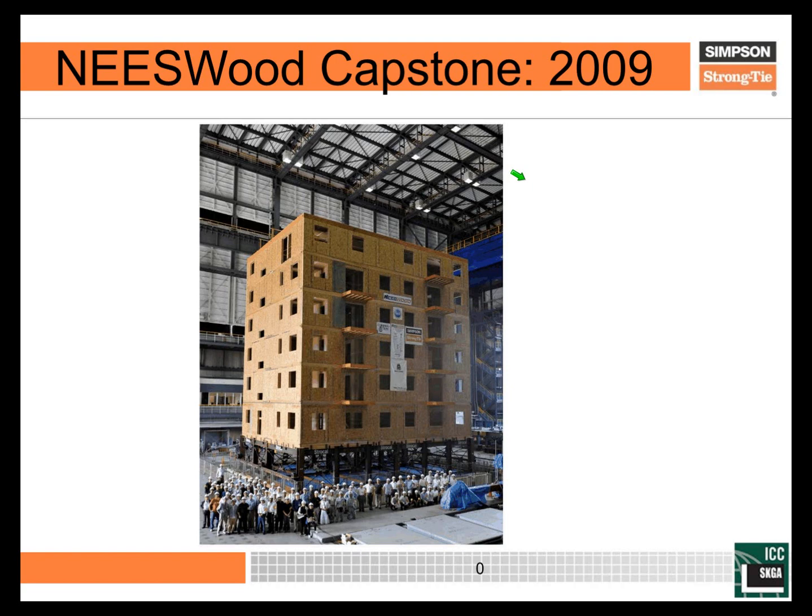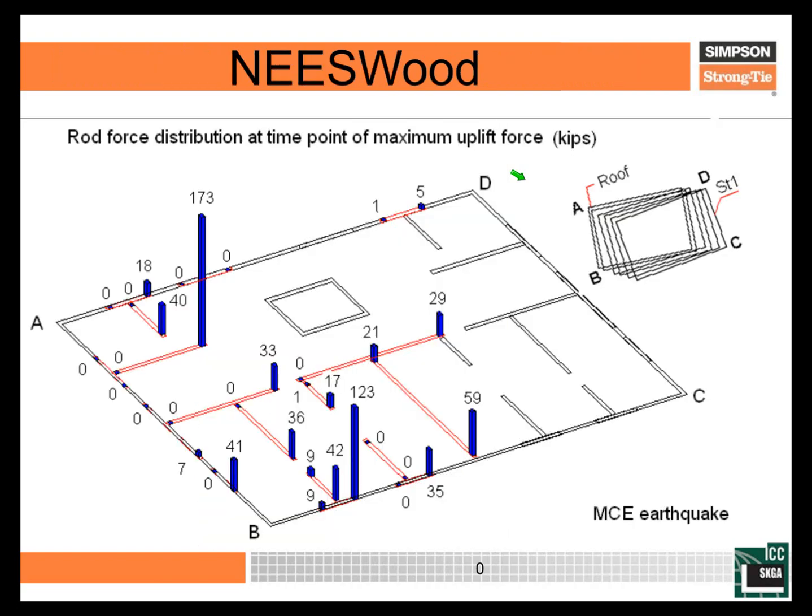The structure here is a 6-story light frame building and was tested under maximum considered earthquake level demand. So you can see all the people that had gathered there for the test. As a result of that testing, we had measurements on the Simpson ATS system, we had mentioned that earlier. And the continuous rod system, the ATS system, was actually built into the structure that was tested in the project.